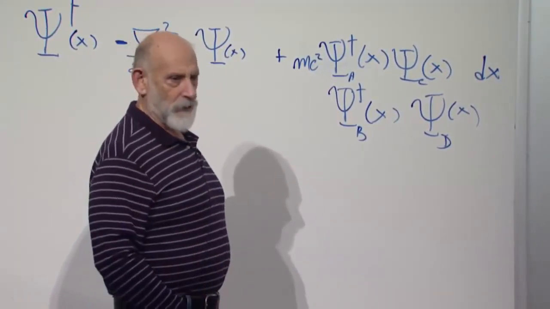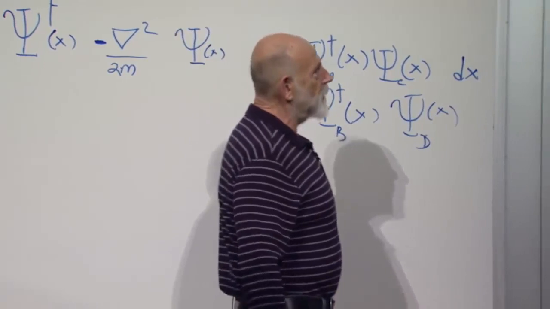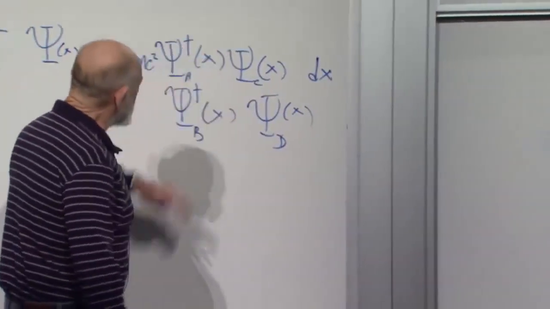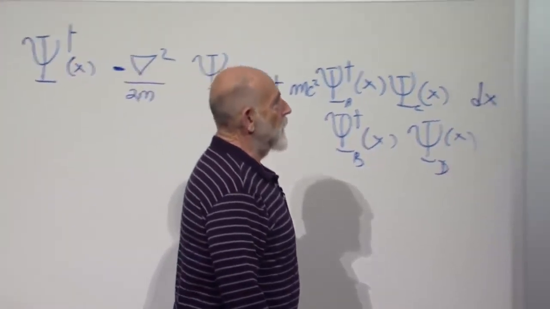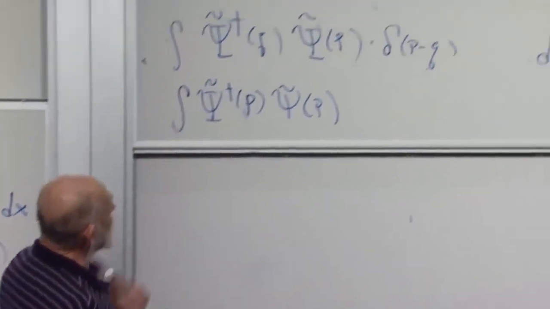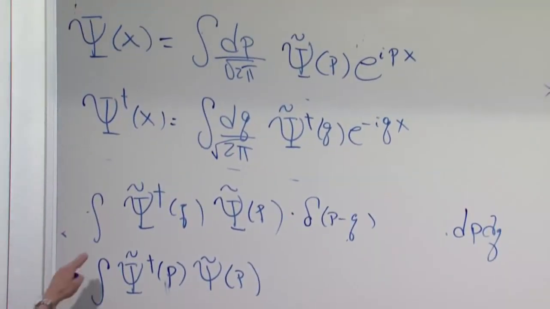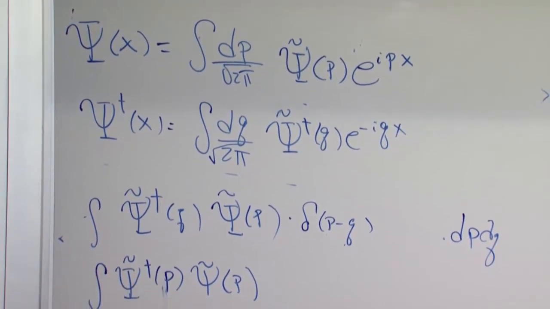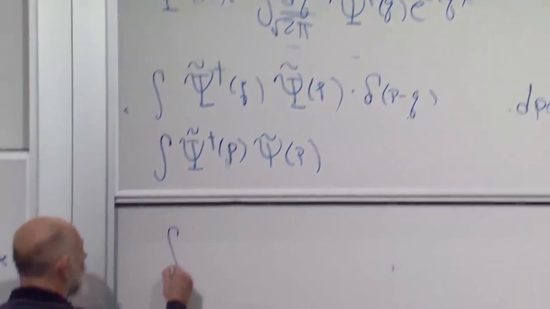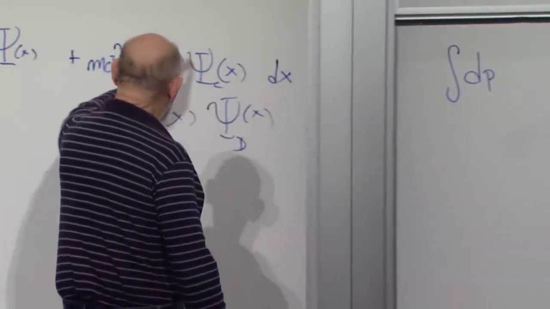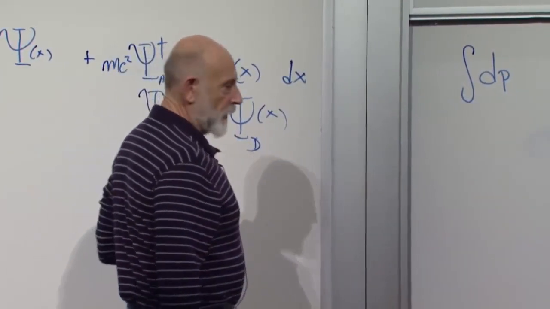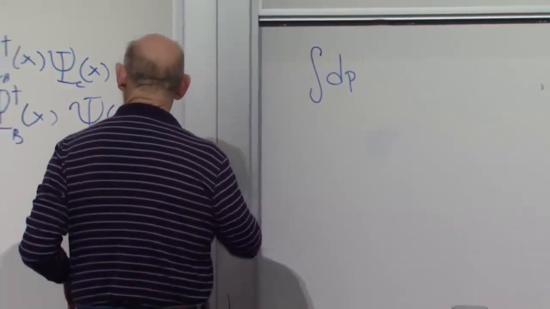Suppose in some insane world we put this thing into the Hamiltonian. What would happen? Well, instead of getting the simple expression we have up here, we would have a whole bunch of integrals, a p integration for each field that appears here.